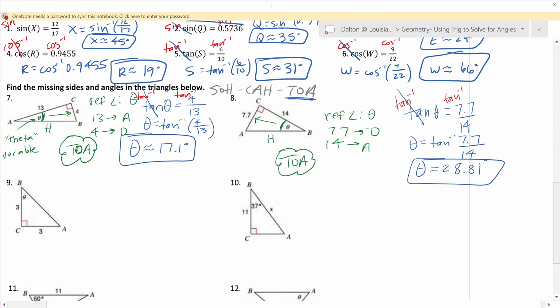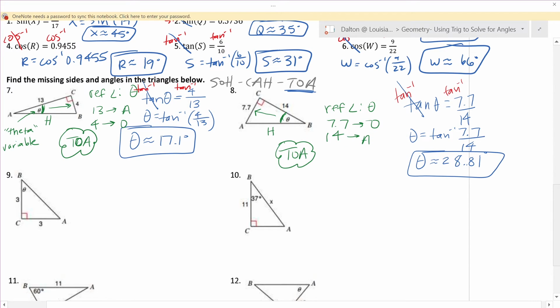Okay, number 9. List out our information. Reference angle. You start off these problems the exact same way every time. Reference angle, again, is what I'm looking for, so I'm going to call that theta. Then you're going to list, okay, I've got two sides, but they're both 3. So before I figure out what these are, I want to go on my picture and list the hypotenuse, because that one's easy.